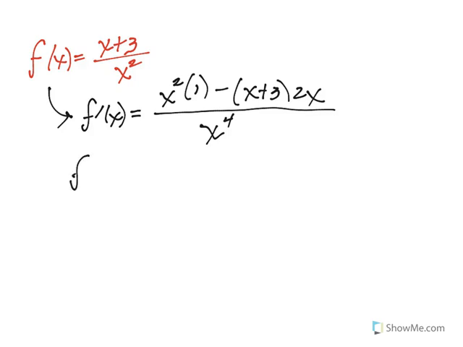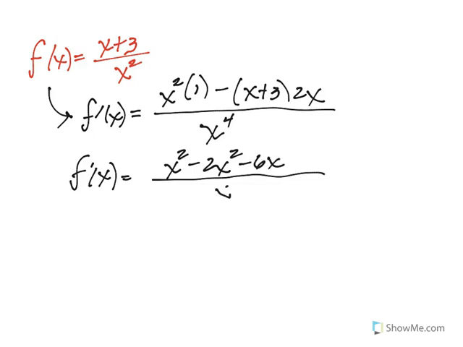And we'll clean this up. So my f prime of x will be equal to, we've got x squared minus 2x squared minus 6x over x to the fourth, which will give me negative x squared minus 6x over x to the fourth. And then factoring, I'll take an x out of the top.